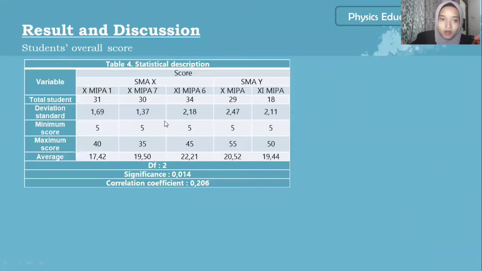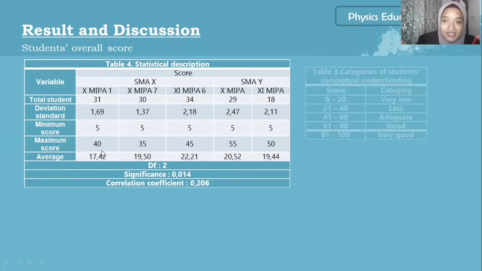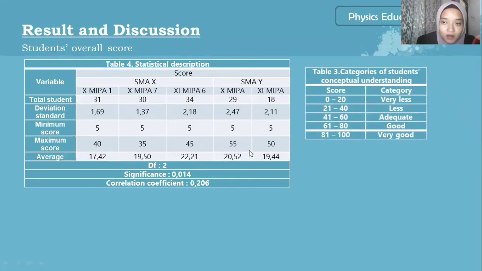So we move to result and discussion. I made three parts. The first one is students' overall score. We see in table 4 the statistical description. In this table, we know the average score of every class is under 30.